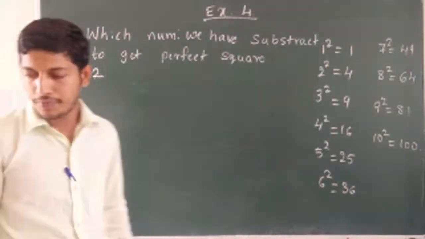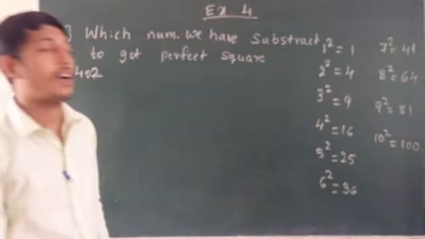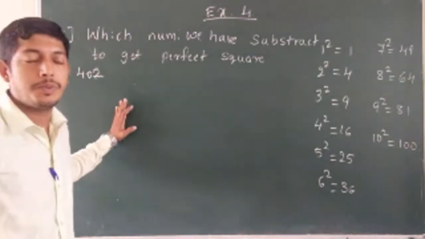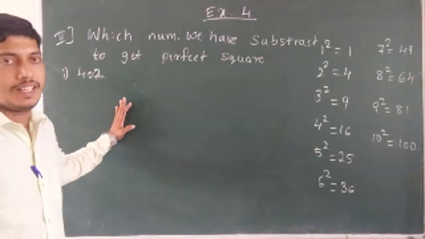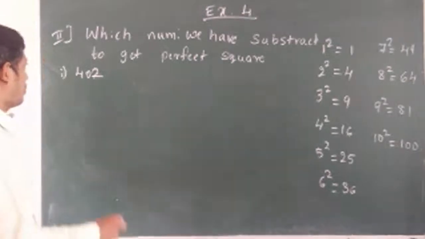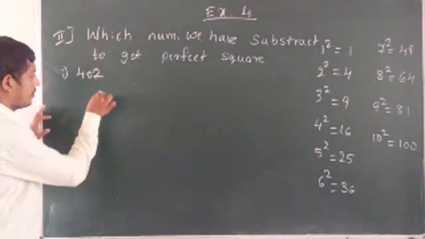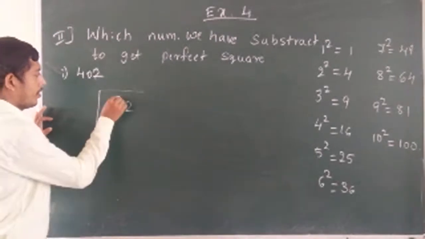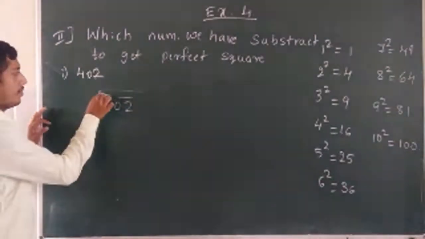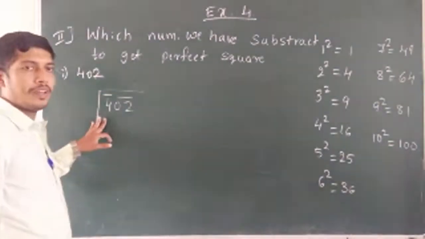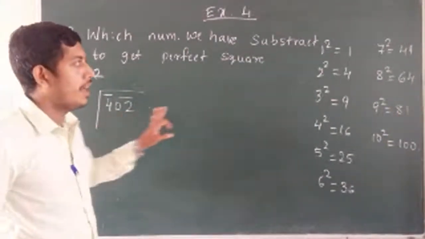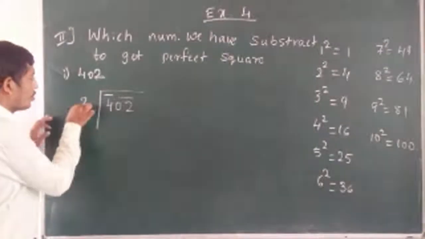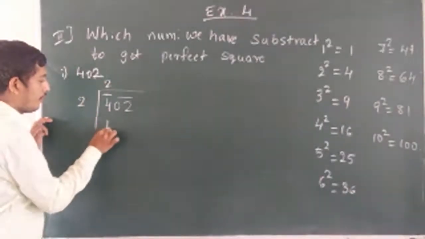Now same steps we have to follow. What we have to do? We have to take the terms and we have to pair the terms from the right hand side. I will do the calculation. 4 02. First pair, second. Then first pair from the left hand side is 4 and 2 square is 4. 2 2s are 4.